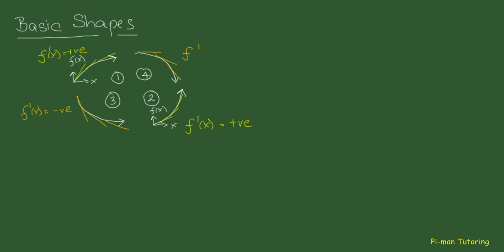So we can say f dashed of x is also negative, but it's getting more negative. Getting more negative. And getting less negative.